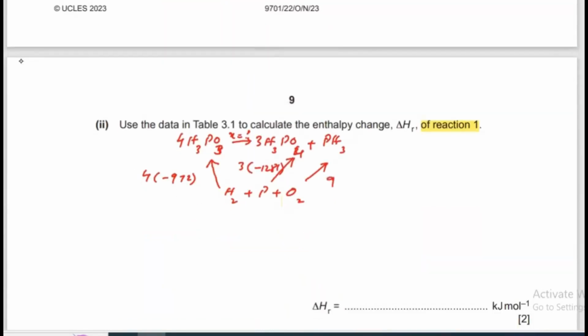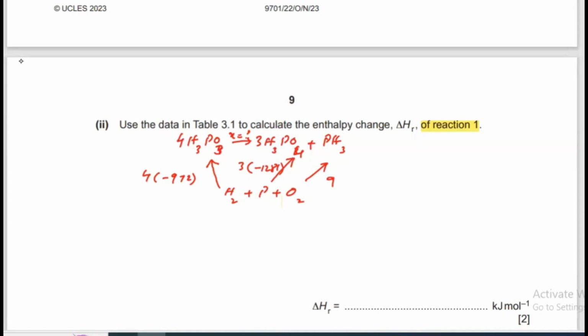So this is the triangular form of Hess's law. We can define Hess's law as: the enthalpy change is independent of the route taken for the chemical reaction. Whether a reaction takes place in one step or in several steps, the overall enthalpy change will remain constant as long as the initial and final conditions are kept constant.